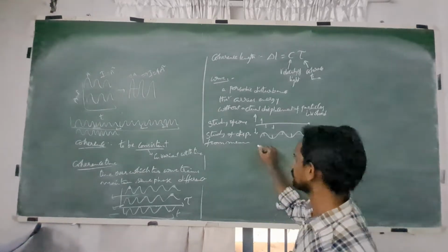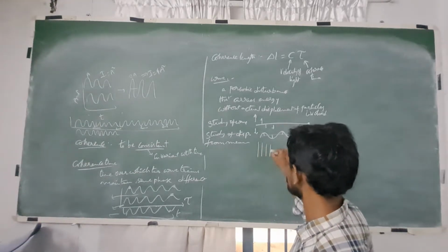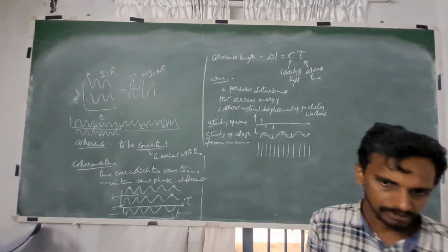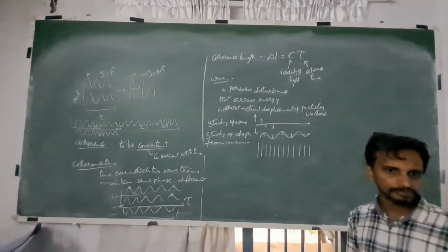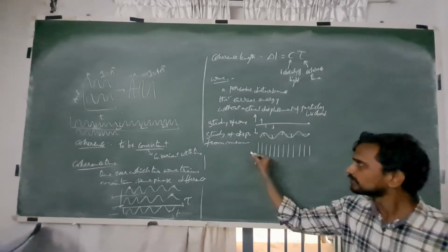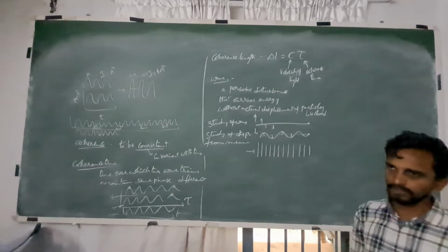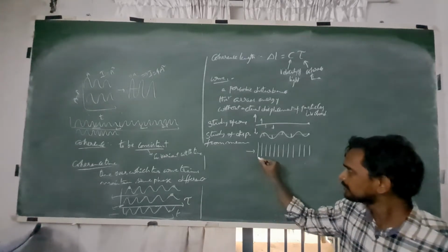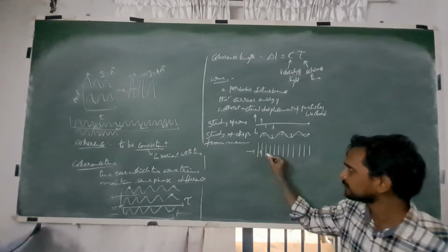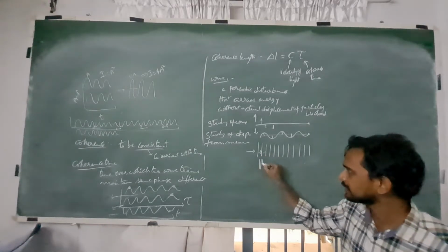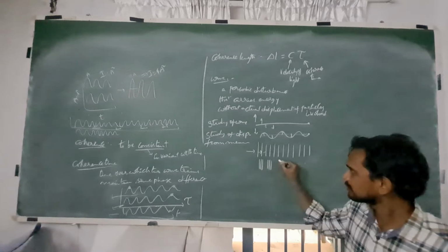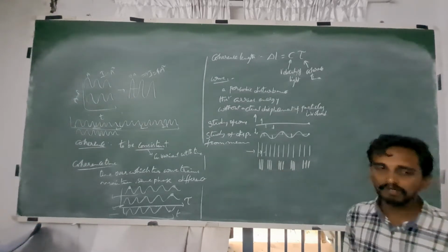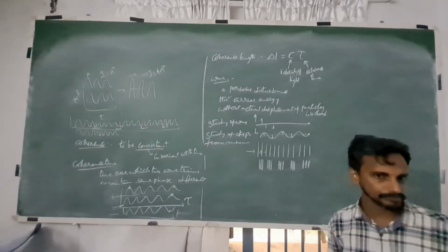The same rule applies even for longitudinal waves. Let's say you have a bunch of air films. So when you apply some force, when you start speaking, what happens? They'll move forward and backward. So you'll get compressions and rarefactions.